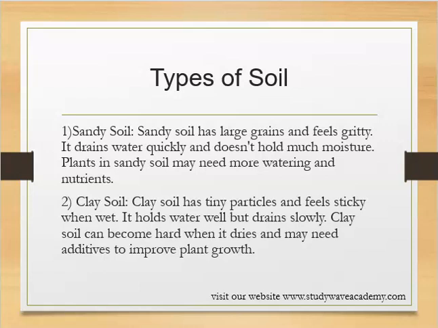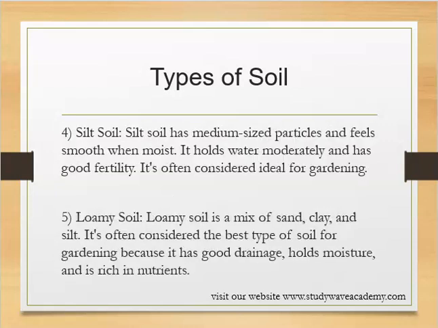So we have the sandy soil, we have the clay soil, we have the silt soil. Okay? Silt soil has medium-sized particles and feels smooth when moist. It holds water moderately and has good fertility.